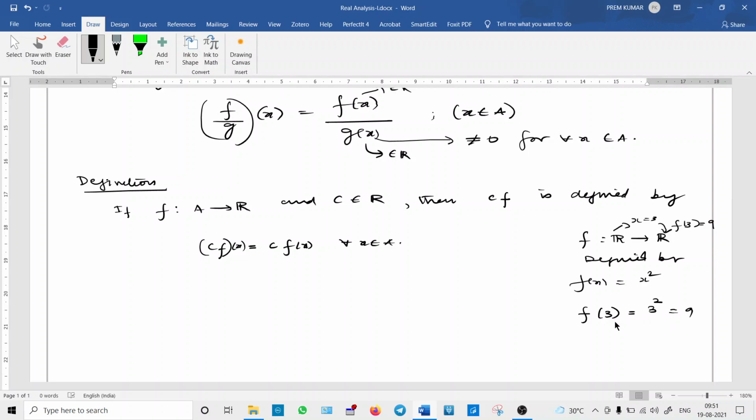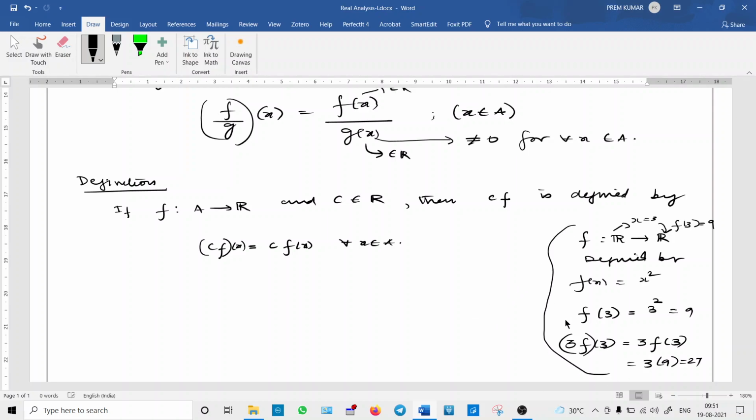Now as per this definition, what is 3 times f of 3? The c is 3, I have taken like this. So according to the definition, 3 into f of 3 is equal to 3 into 9, which is 27. So this is a simple example I have given.